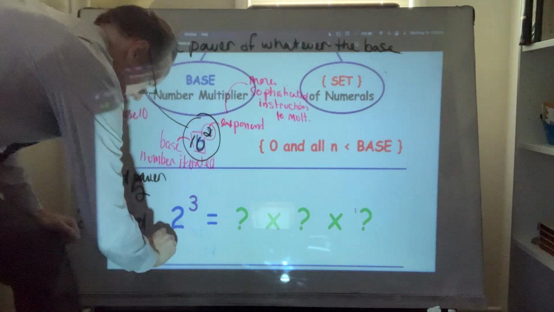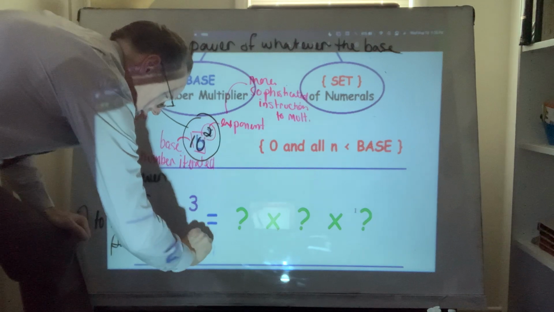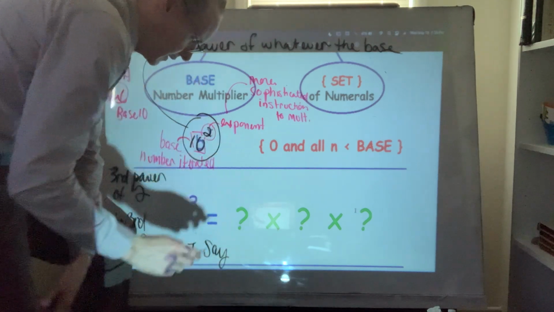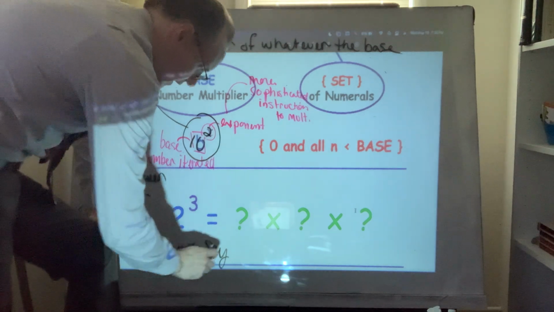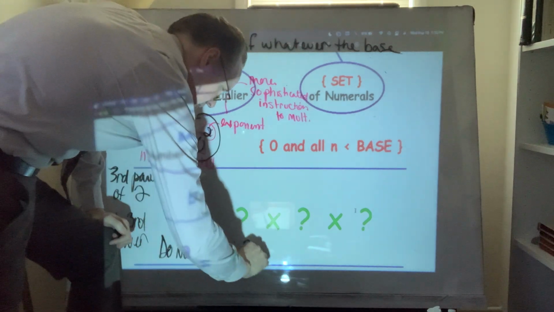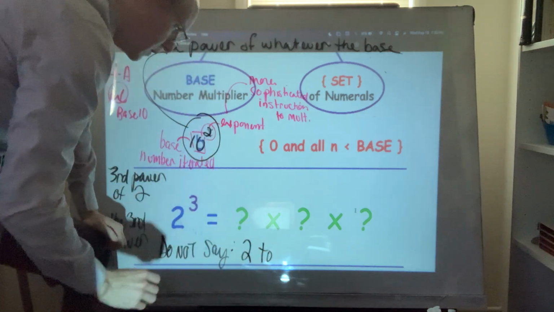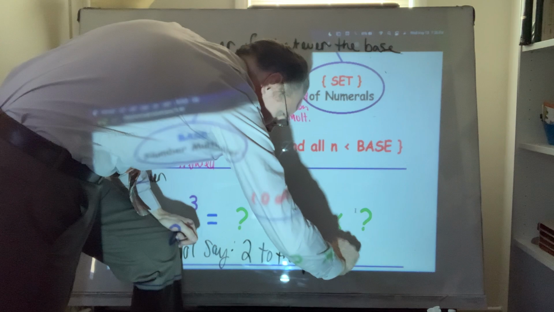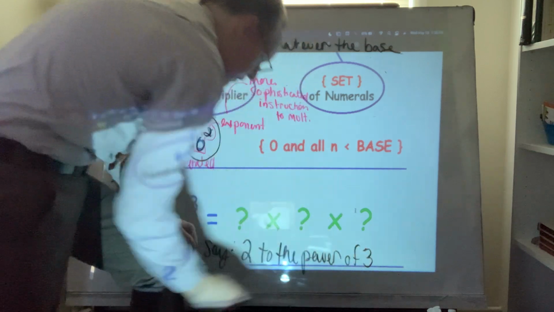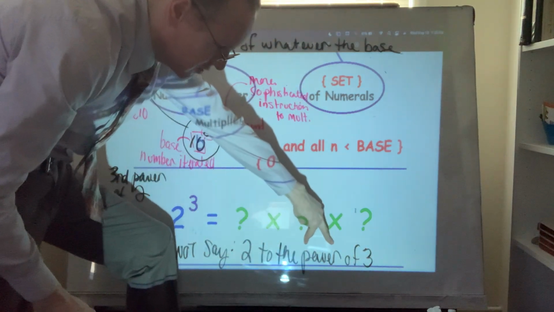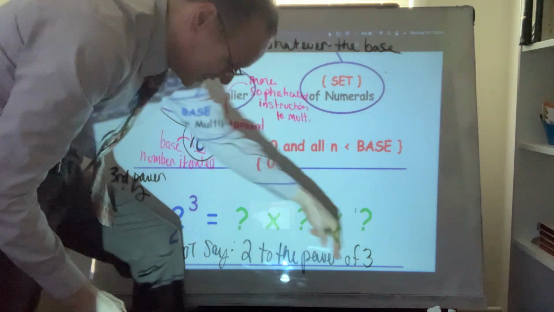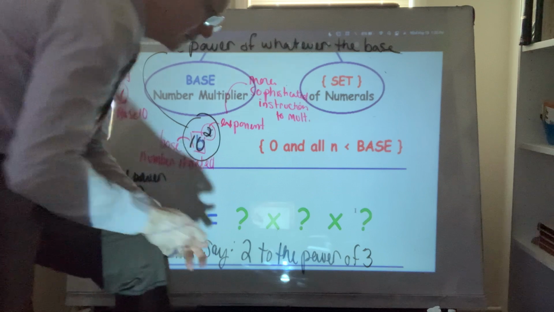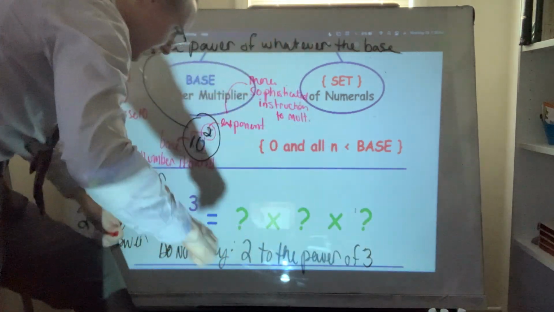Do not say, not to be a grammar Nazi or anything like that, but try not to say 2 to the power of 3, because that is not correct. Because this English phrasing, the way that it's written, power of 3, is implying that 3 is the base, when in reality it's not. So just be mindful of that.